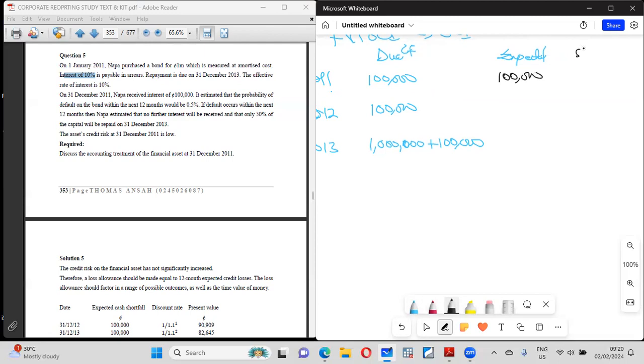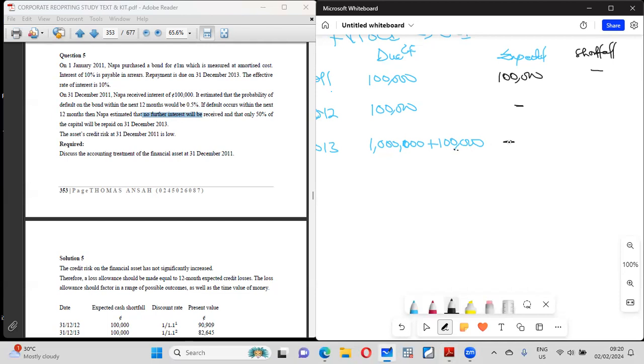So it means that the shortfall is nil. But at the end of this year, they realized that the next one in the 12 months will not be received. And this 100,000 too will not be received.